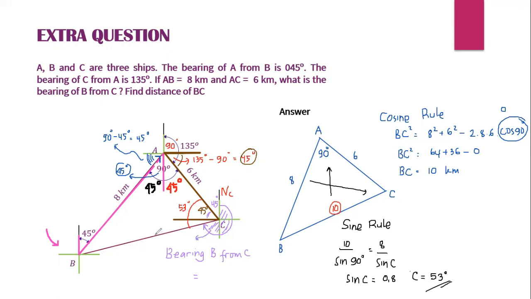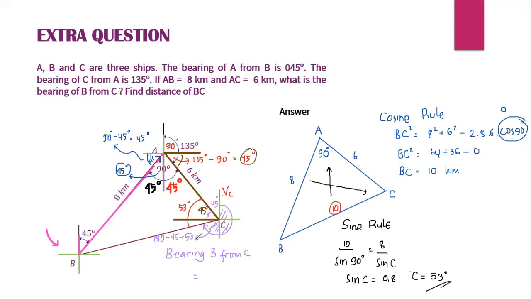We can write here 180 minus 45, and then minus 53. So using the calculator, we calculate 180 minus 45 minus 53.